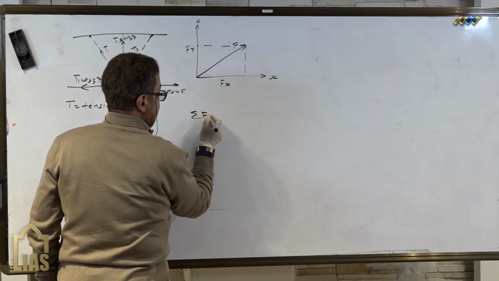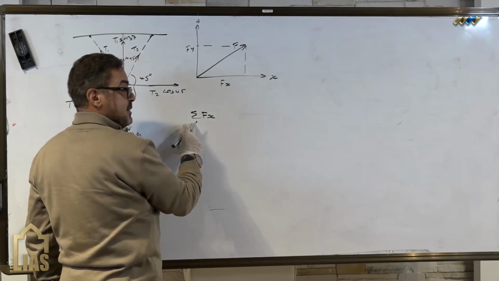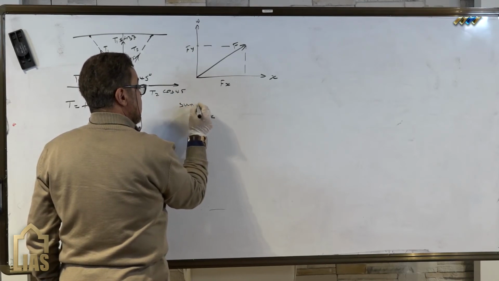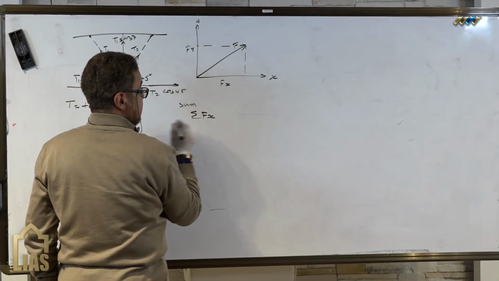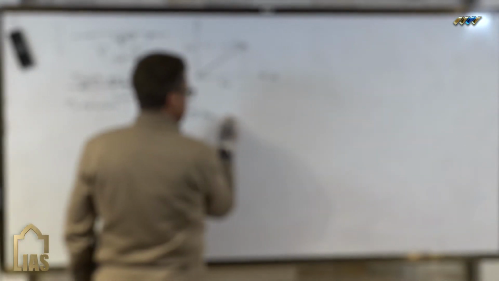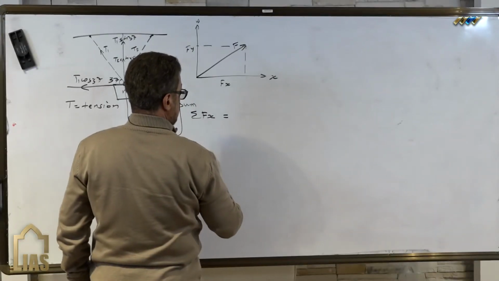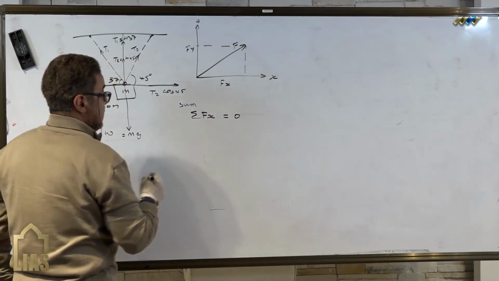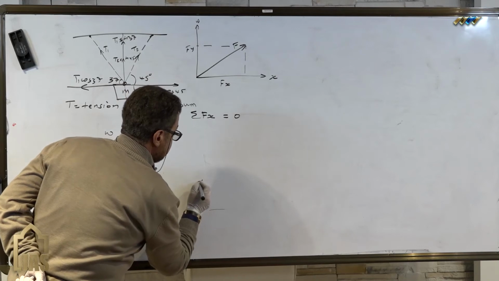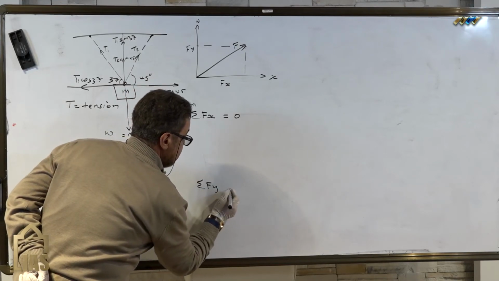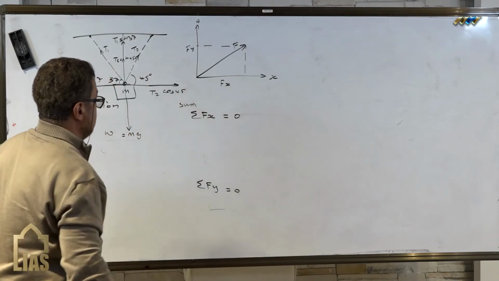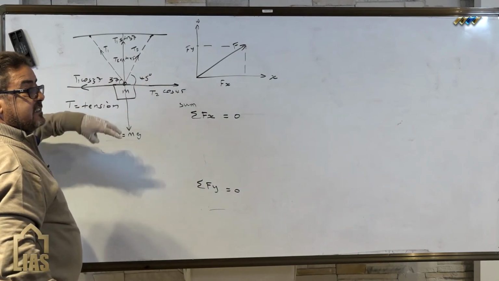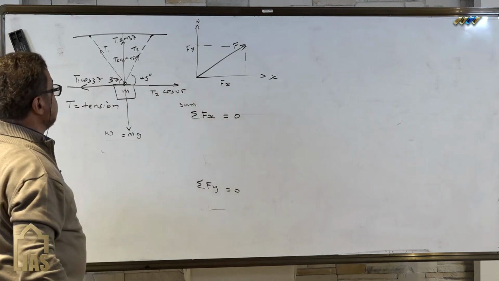Sigma Fx, the word sigma means the sum, sigma Fx is equal to 0, no movement, and sigma Fy is equal to 0, because the body is not moving in either the x or the y direction.